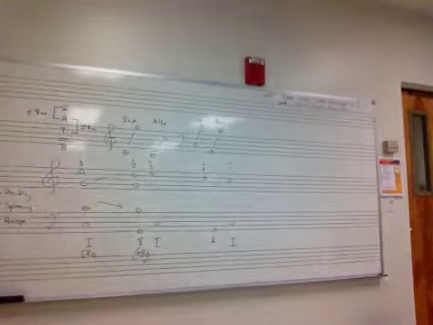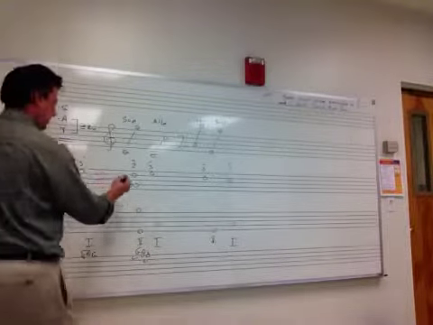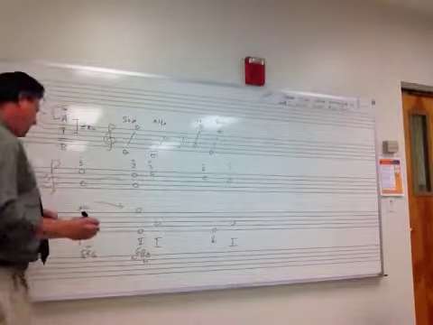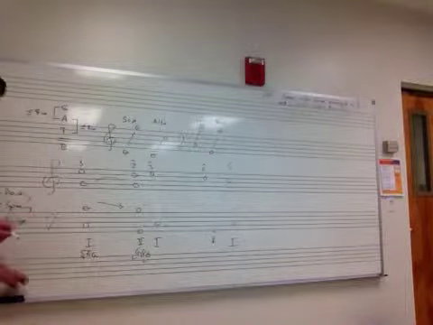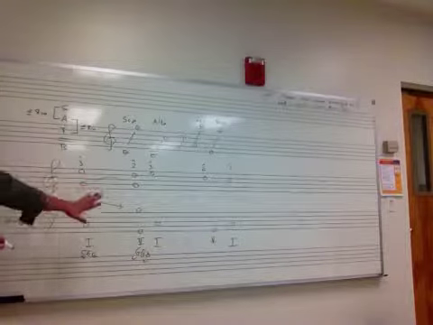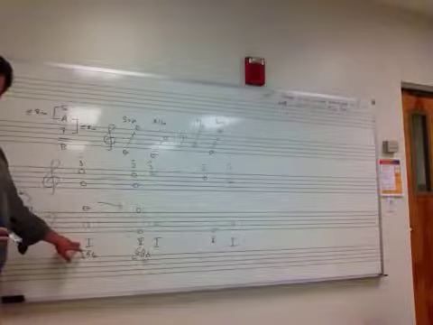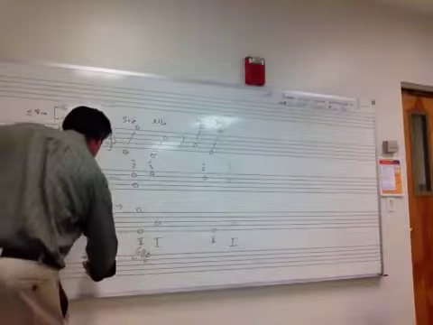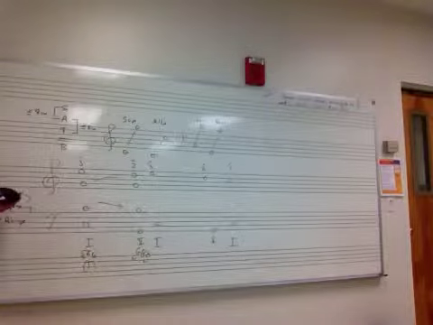Which begins to flesh out the rules or guidelines of part writing. And having done this a while, I've really come to appreciate that the guidelines for part writing are related to the function of the chord that we're talking about. A tonic chord has what we call tonic function, which means it feels like home.